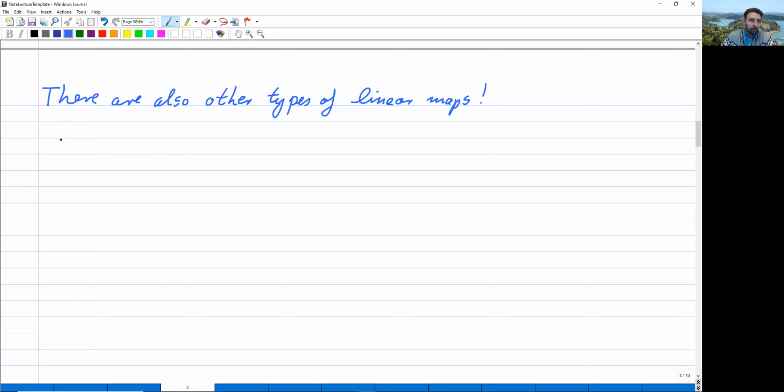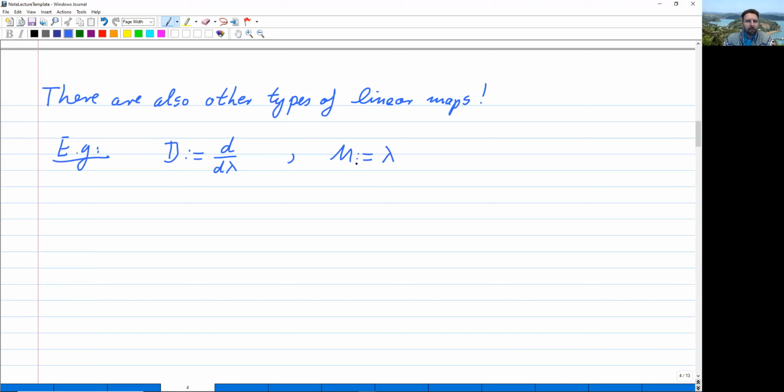So, for example, let's define D to be the operation of differentiation with respect to some variable lambda. And let's define M to be the operation of multiplying with lambda.